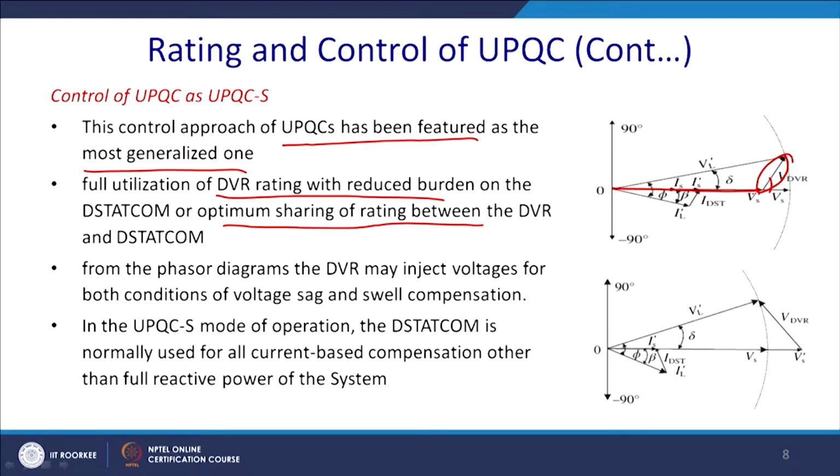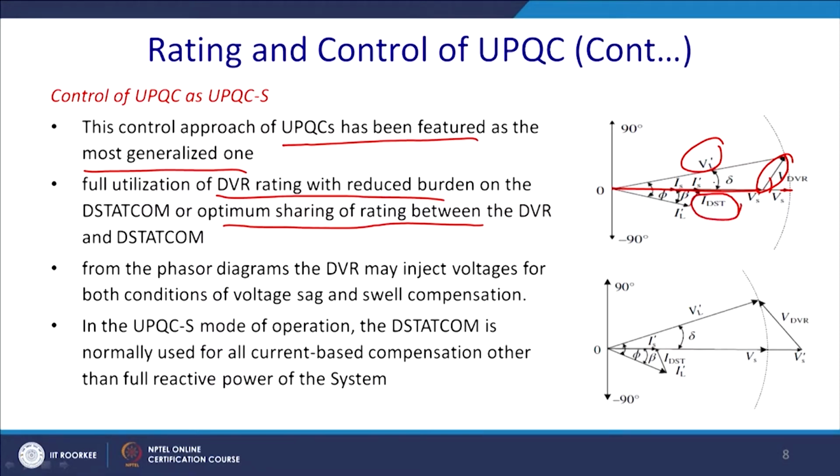This angle will make this voltage Vs, and with the new voltage this becomes a new angle, VL prime, and the angle between the load voltage and VL is compensated by the DSTATCOM current, that is the value of I_DST.